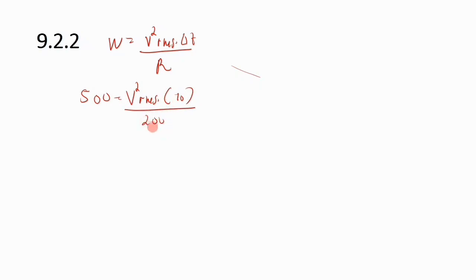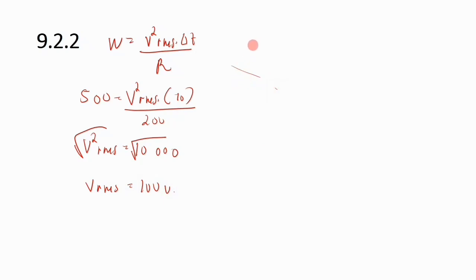At this point we just want to cross multiply. So we have V squared RMS is equal to this times that, which gives us 10,000. Then we square root both sides for VRMS, and we will have 100 volts.